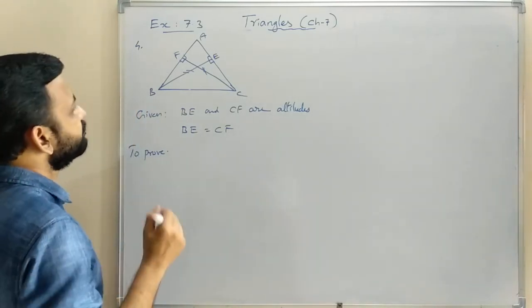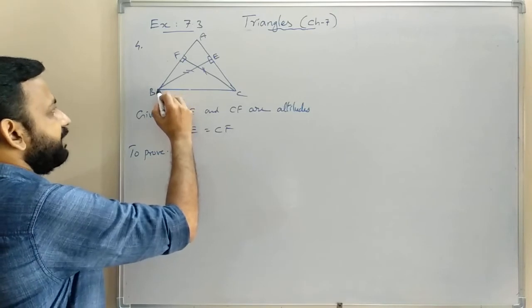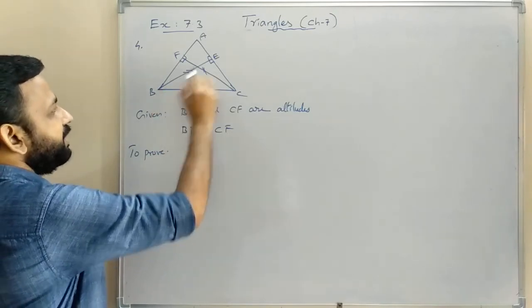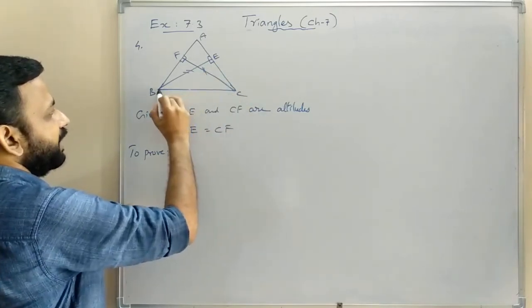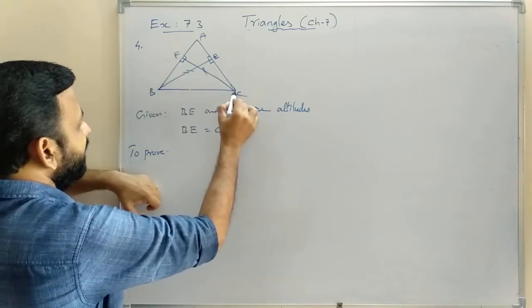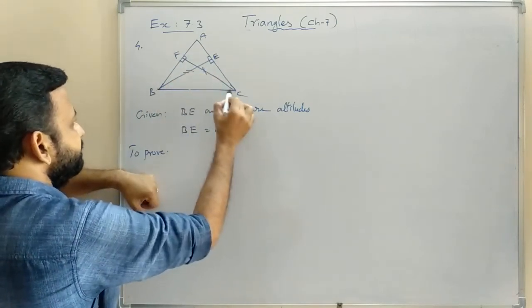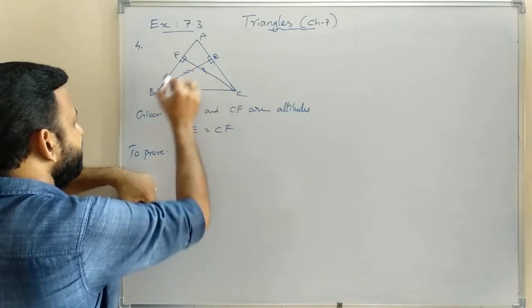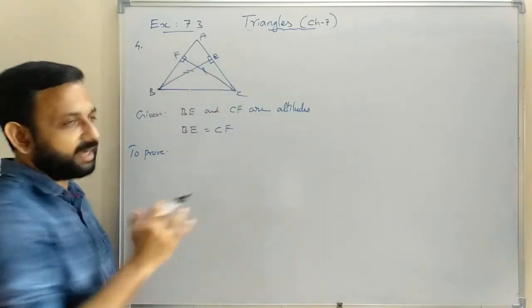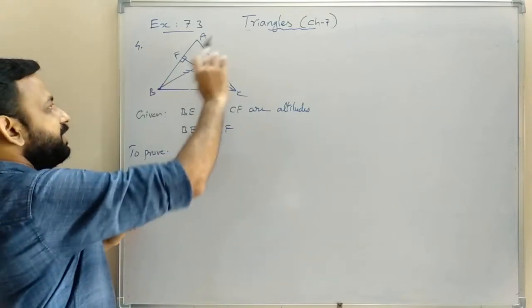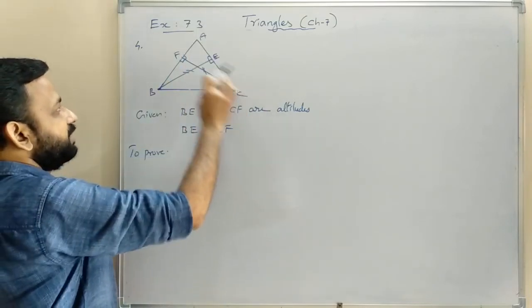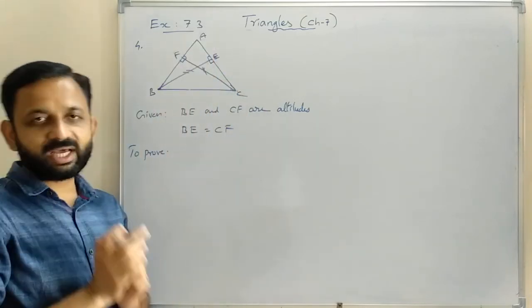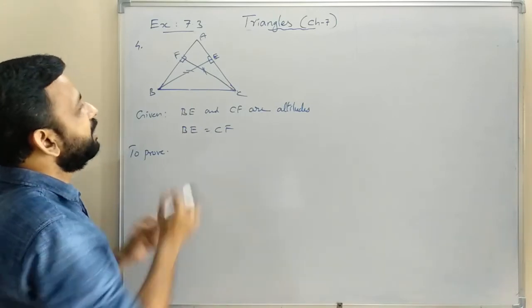So here we will take triangle BEC and triangle CFB. Both the triangles are right triangles, because BE is an altitude and CF is another altitude.